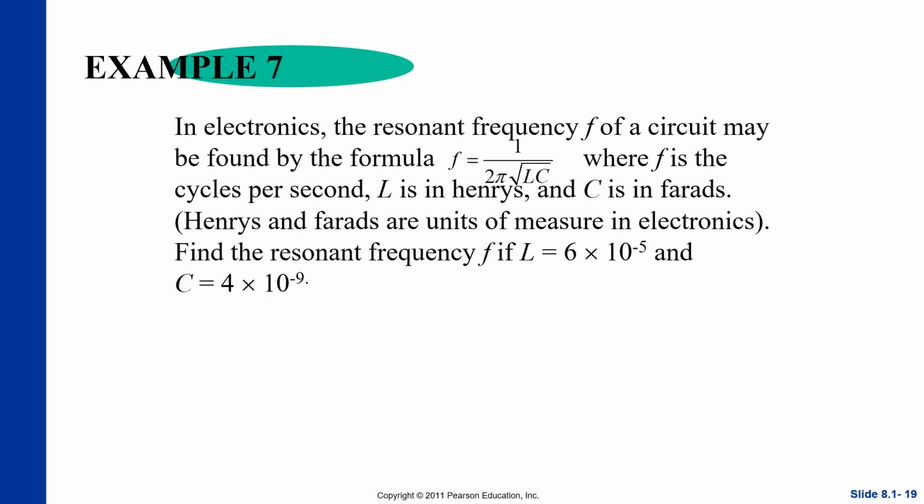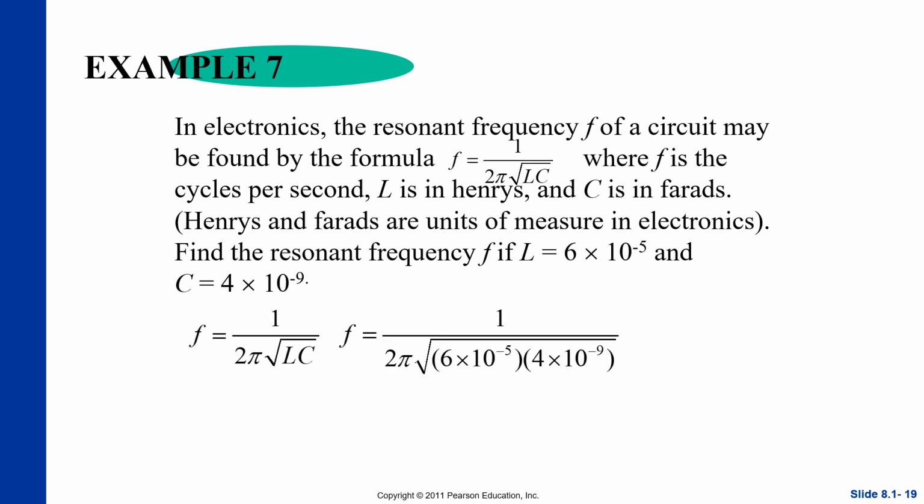All right, in this problem, we're going to plug in to find the resonant frequency f of a circuit. And this is the formula. f is equal to 1 over 2 pi times the square root of LC. So you take your formula, and then you plug into your calculator exactly what you see here using the fraction.